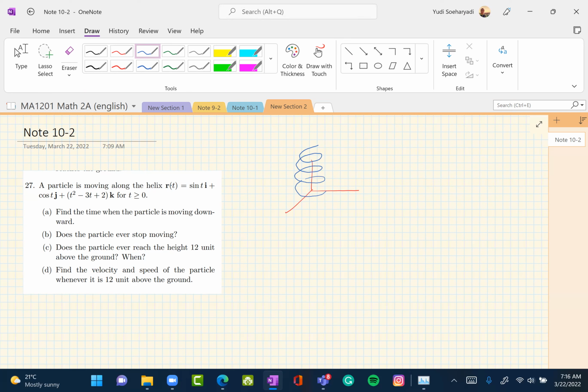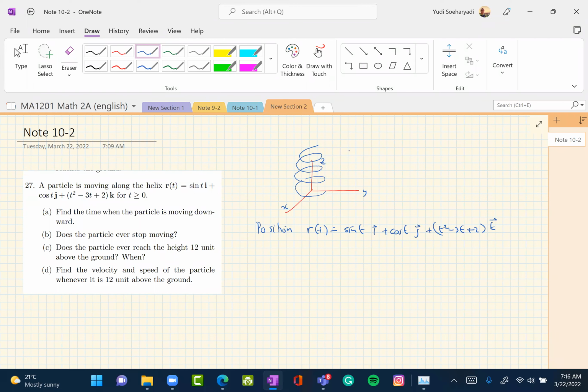So this is the position: sine t i, cosine t j, plus t square minus 3t plus 2 k.